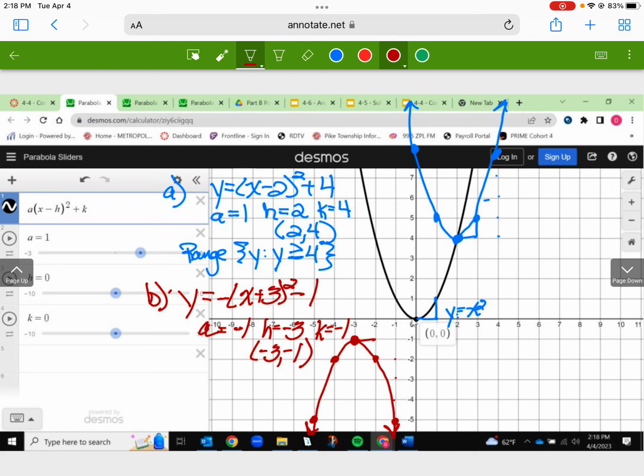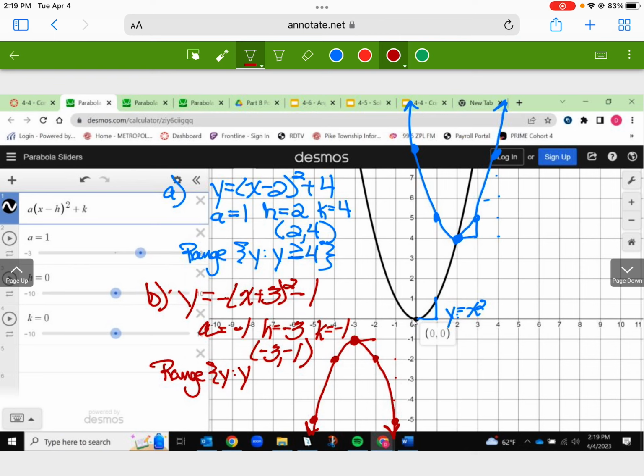So find the highest or lowest point of that red graph. And let's talk about the range. So the range is y such that y, what's my highest or lowest y value that we can tell? Negative 1, right?